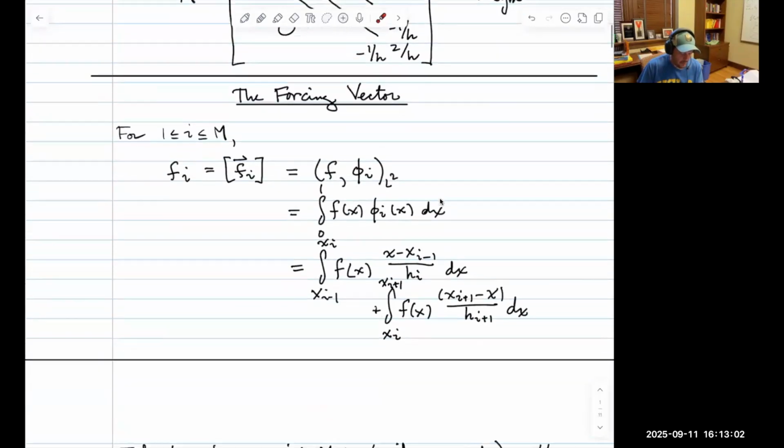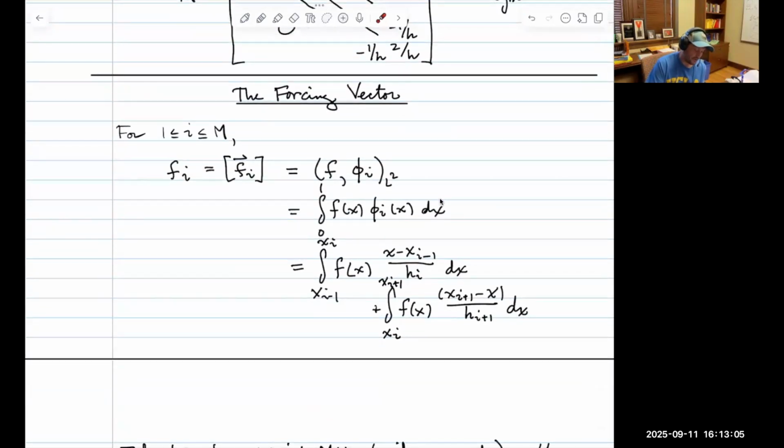Now, you might remember from our discussion of the general Galerkin method that once we have a basis for our finite dimensional space, we can reformulate the approximation problem as a matrix vector problem.